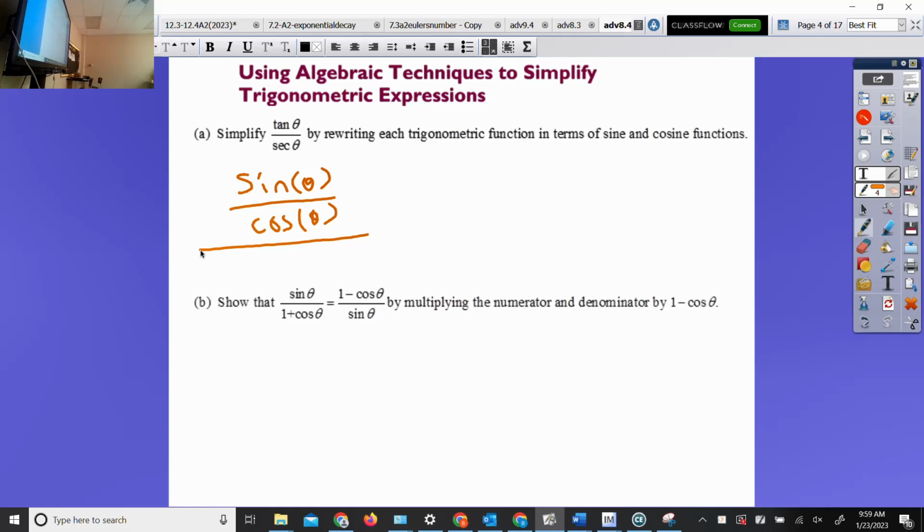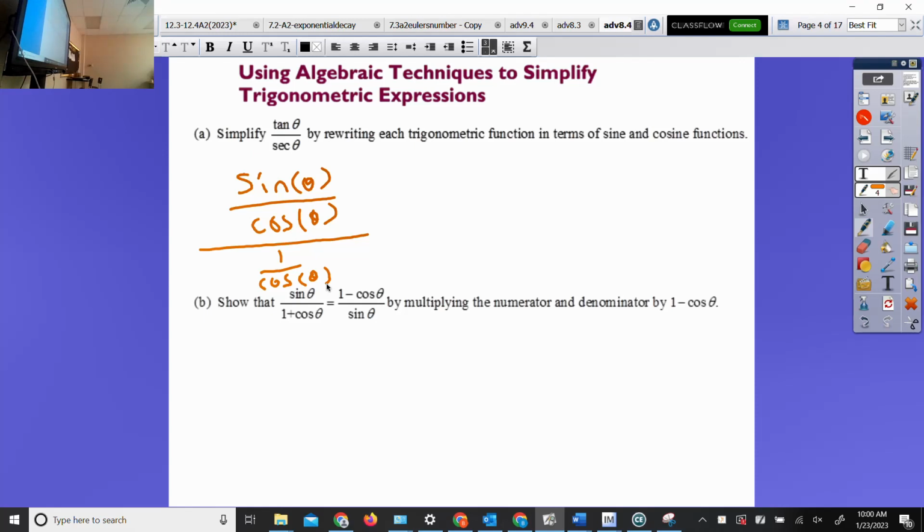How about secant? 1 over cosine. So everything has been written in terms of sine and cosine. This thing can be cleaned up quite a bit. There's two ways of doing it. You could divide by a fraction by multiplying by its reciprocal. That's the long way of doing it. Things in corresponding positions cancel.